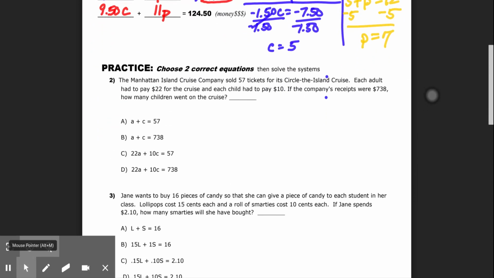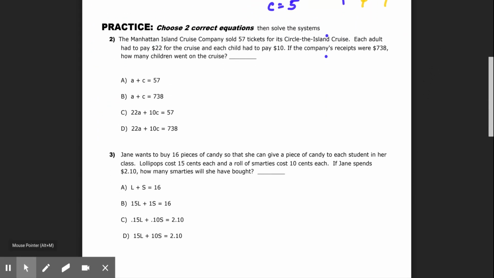All right, let's take a look at number 2. It says choose 2 correct equations, then solve the system. So it talks about the Manhattan Island Cruise Company sold 57 tickets. So that's going to be your hidden equation.